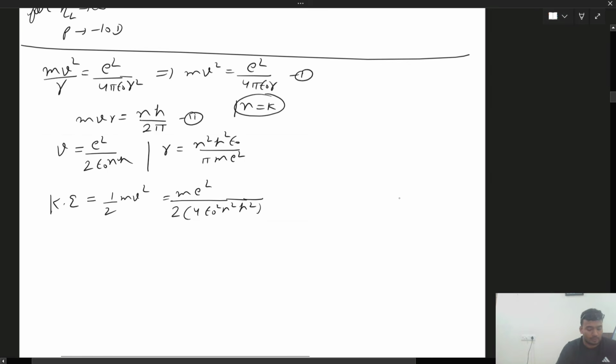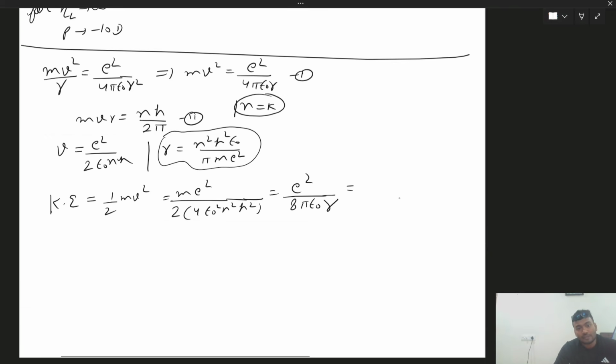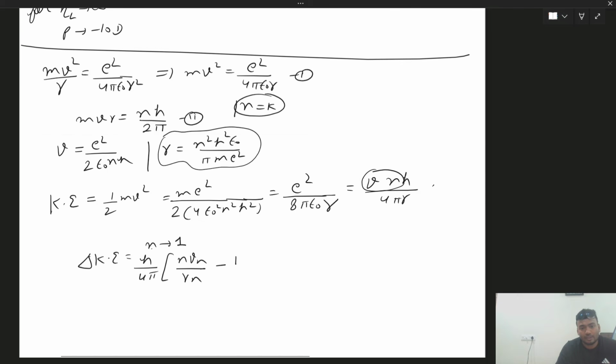Now I will skip a little bit here, because I have already solved it. Actually I got it as e square by 8 pi epsilon naught r. Actually you have to convert this into the formula for r, and then also convert into the formula for v. For that, since nh is not there, multiply and divide by nh. So finally it is v nh by 4 pi r. Now find out the change in kinetic energy, so it will be going from n to 1. If I find that change, just the magnitude, h by 4 pi you take outside, and this will be n vn by rn, in the nth orbit, minus, for the first orbit, 1 into v1 by r1, and it is matching with the given option.